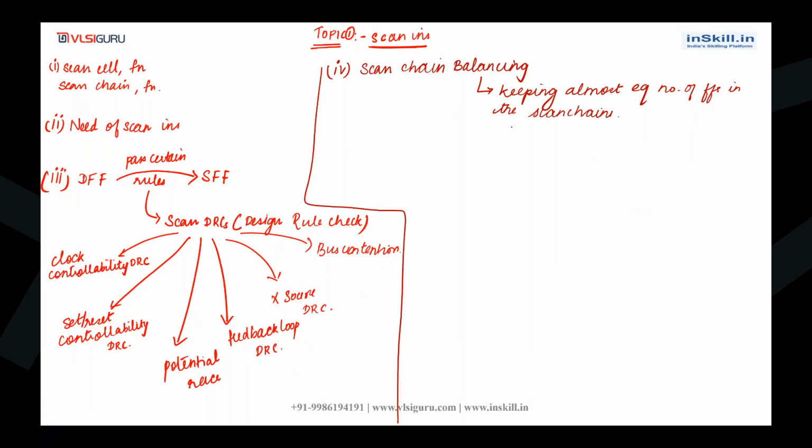So say for example, in scan chain 1 you're having 1000 flops, in scan chain 2 you're having 1000 flops, in scan chain 3 you're having 999 flops.